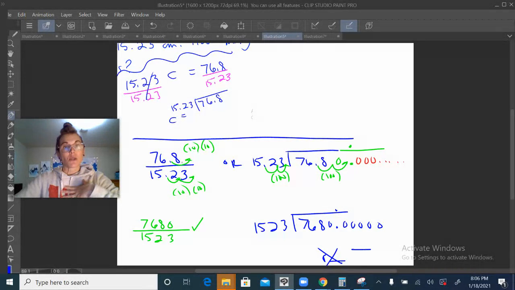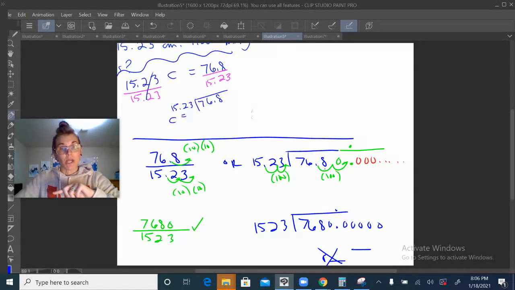So again, you can think about it as a fraction: what do I need to multiply by in powers of 10 to move the decimal place over so that I don't have a decimal place anymore. Whatever I multiply the top by, I multiply the bottom by. If that works for you, great. Or you say whatever I'm dividing by, I'm going to move the decimal place over as many as I need to be able to have a whole number.